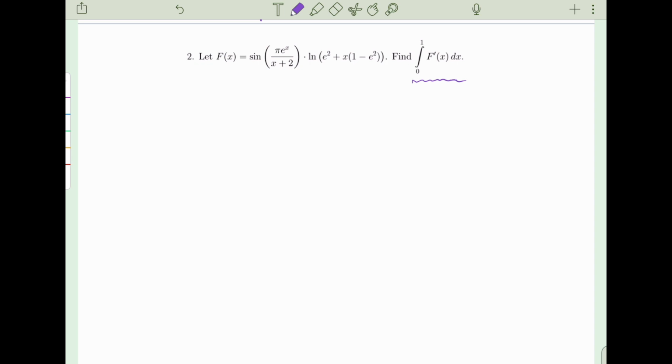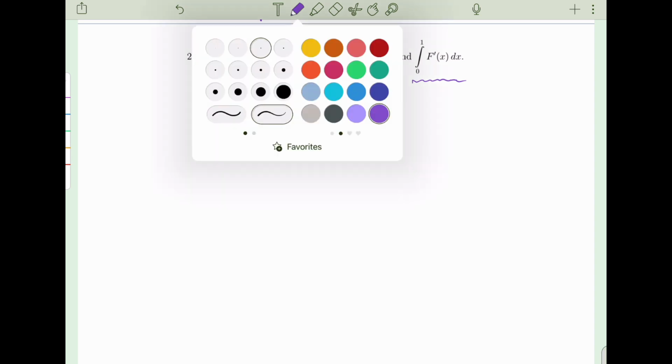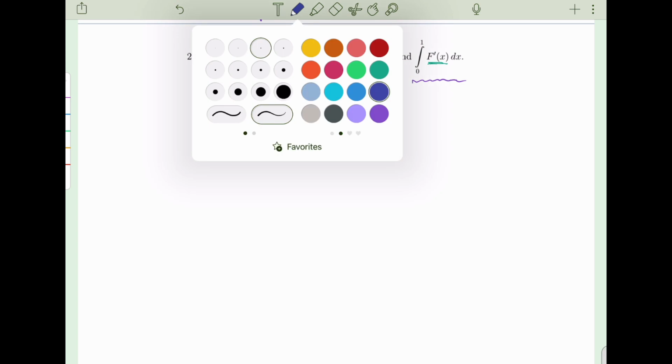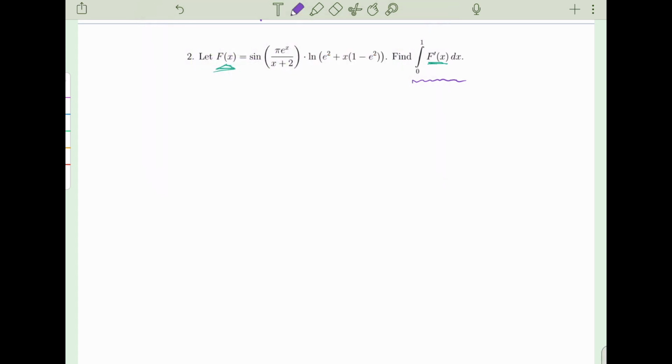So now we know that the original function of this derivative f prime of x is f of x itself. Right, so this is the original function. So by the fundamental theorem of calculus, we can just do this. The integral of f prime x dx is equal to f of 1 minus f of 0, right?